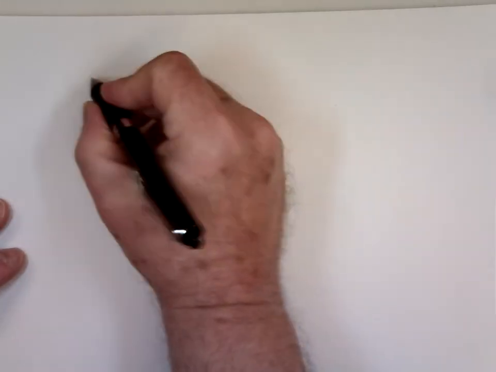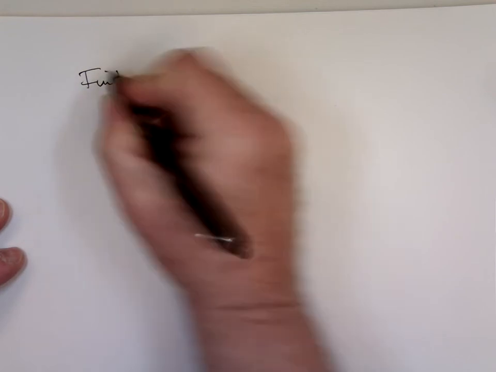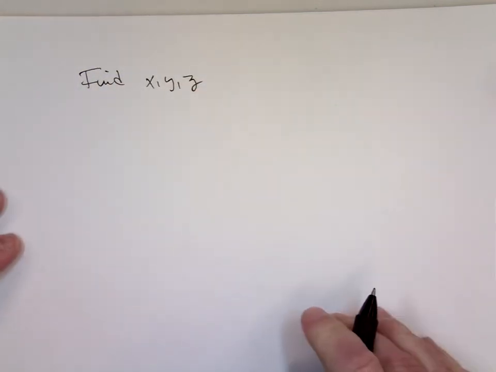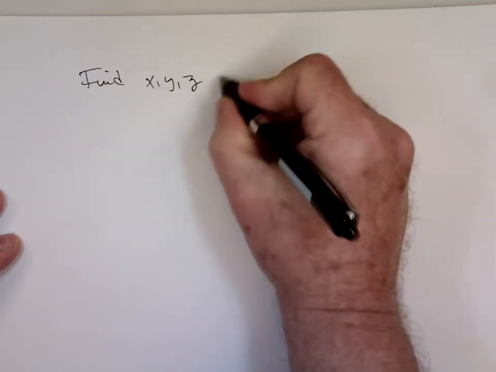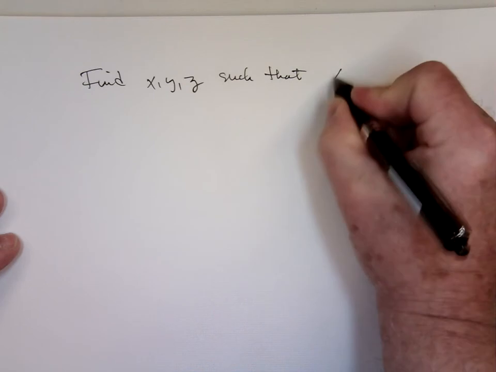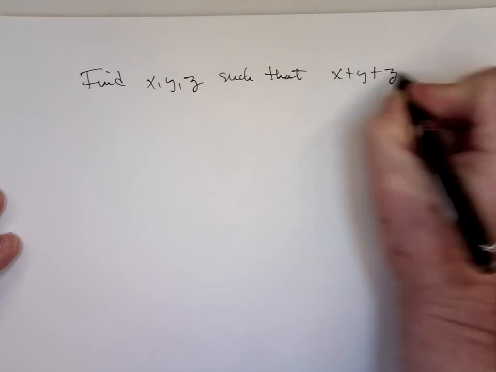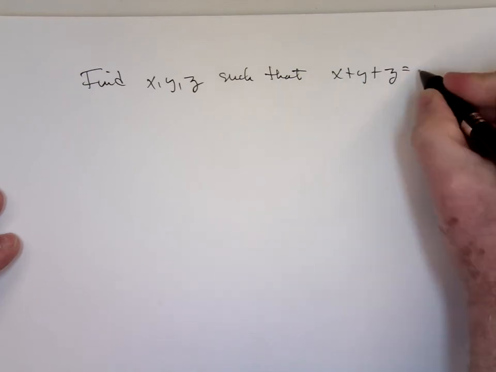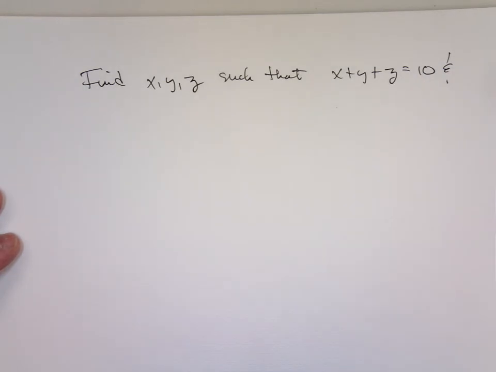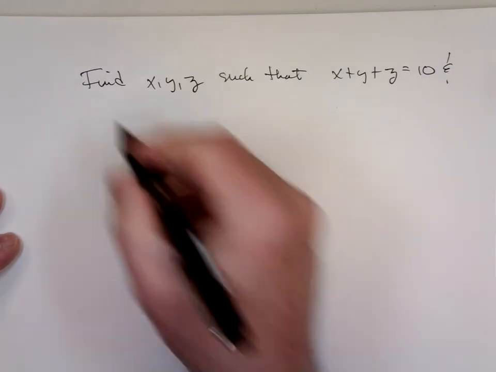Okay, let's see. Find x, y, and z such that x plus y plus z is equal to, I don't know, 10, and what is true?